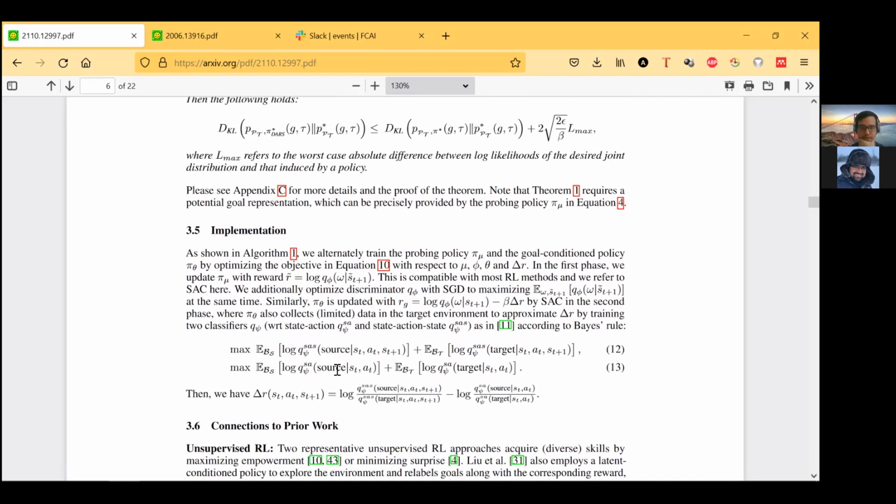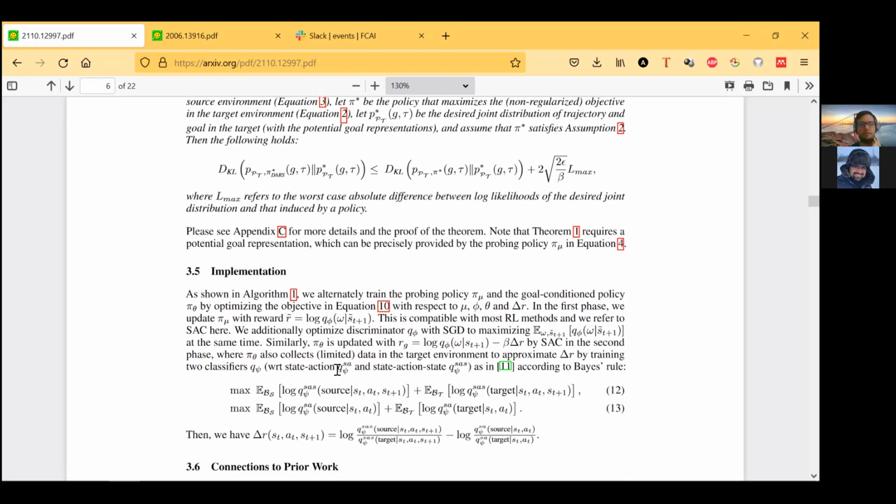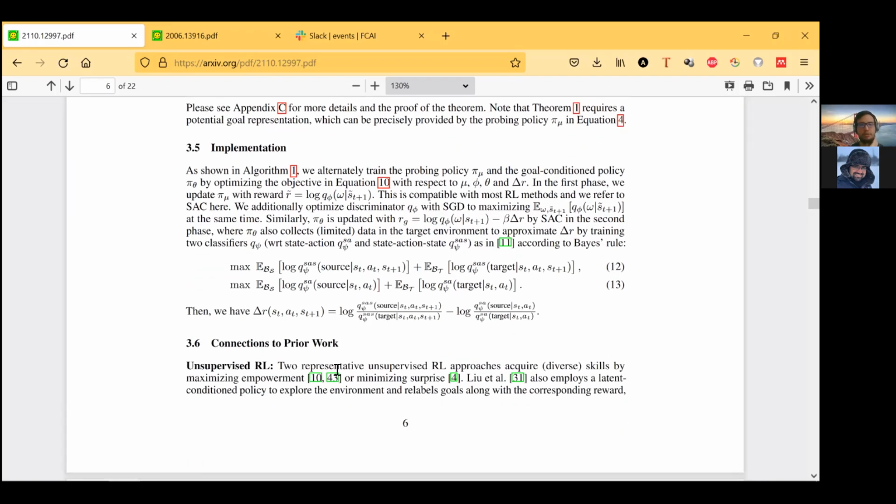It is equivalent to trying to avoid state actions, or in general transitions, where you can easily predict if it's coming from the source or the target.